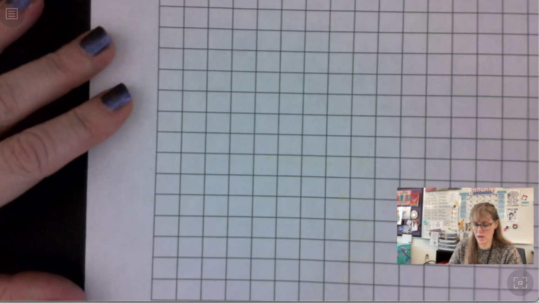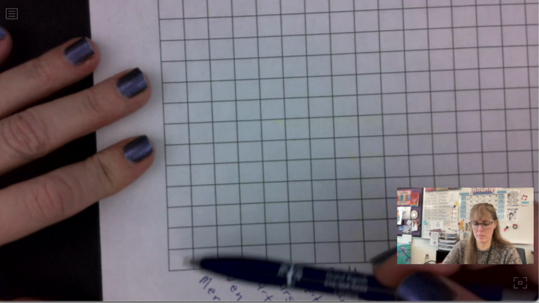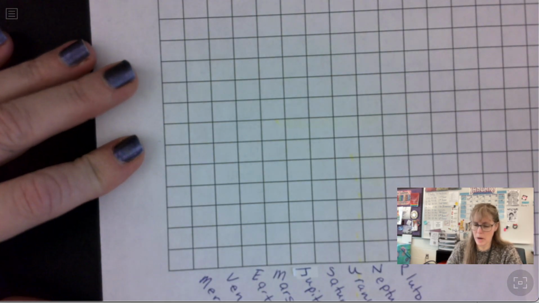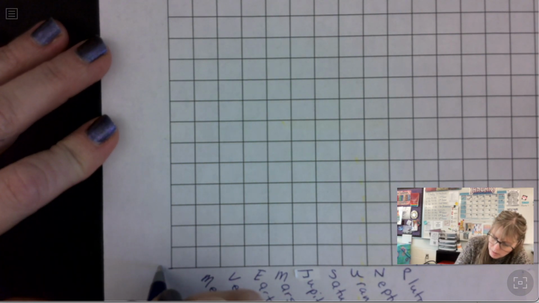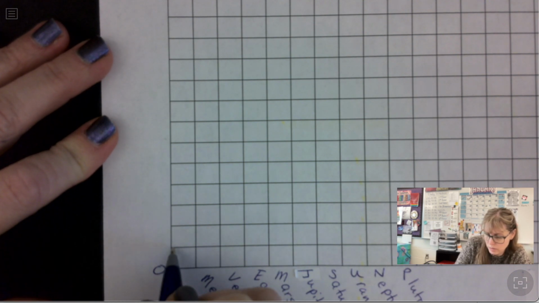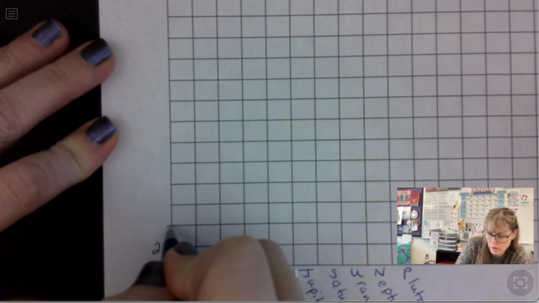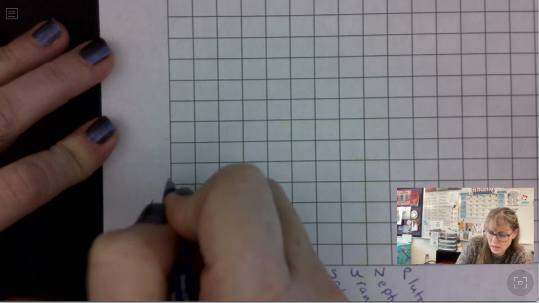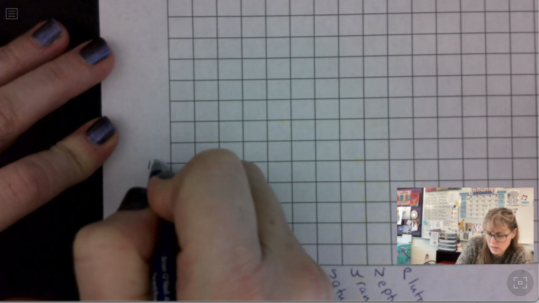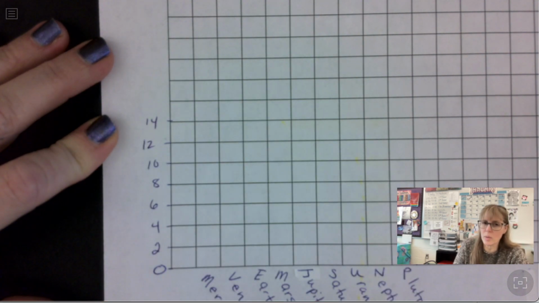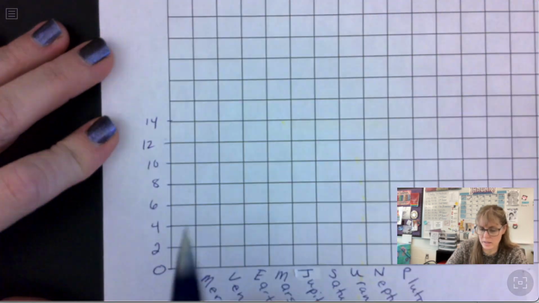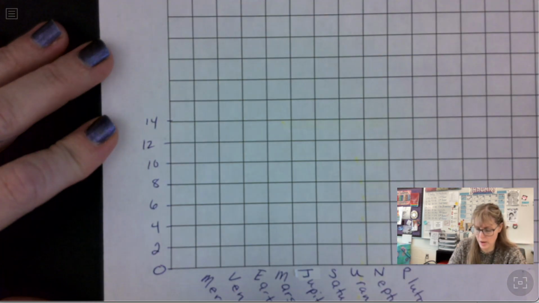So I'm going to turn over and make sure that I have 40 actual lines going from the bottom to the top, and I don't, but I do have enough so that I can count by twos. So always remember that you're writing starting at 0, 2, 4, 6, 8, 10, 12, 14, equal increments, and then just go all the way to the top of your graph, okay?